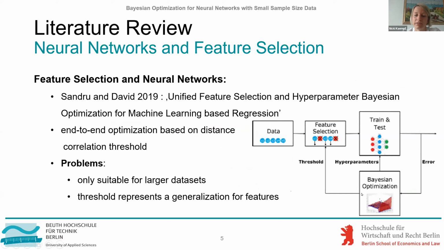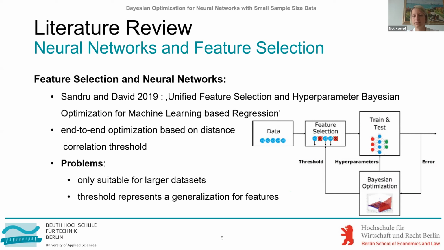And in their Bayesian optimization, they are not only tuning the hyperparameters, but they're also tuning the distance correlation threshold. For example, let's say the threshold is 0.1. If an individual feature has a distance correlation of 0.2, that means this feature is included. And if a feature has a distance correlation of 0.05, then it's not included in this run.